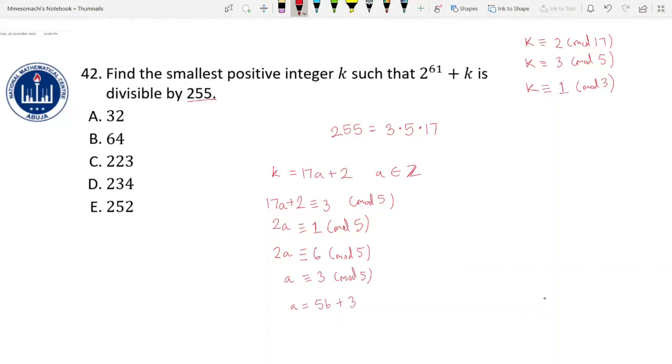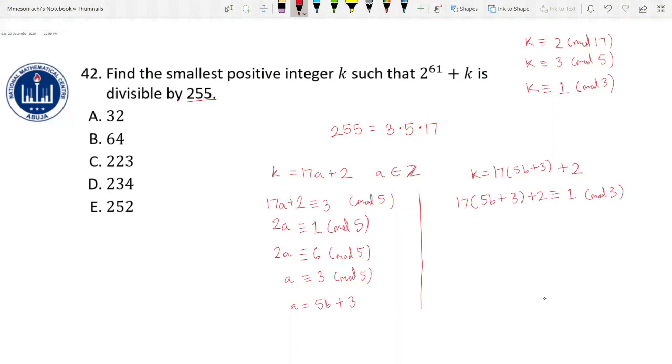So we can replace that. You have k equal to 17 into 5b plus 3, plus 2. Now we have k congruent to 1 mod 3, so we put this for k: 17 into 5b plus 3, plus 2, congruent to 1 mod 3.